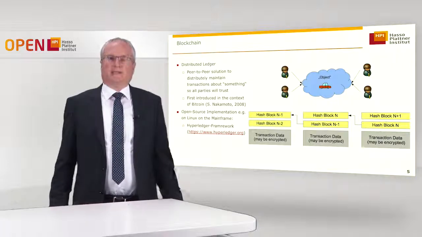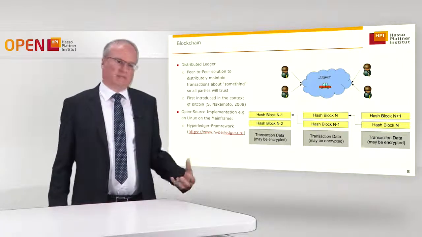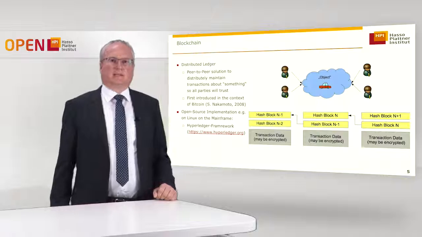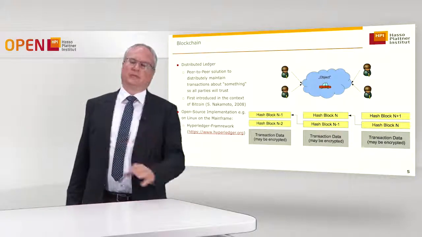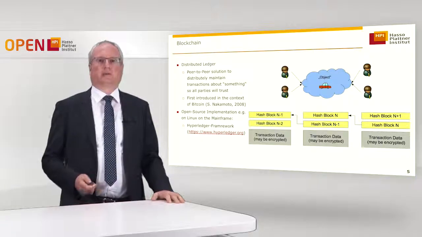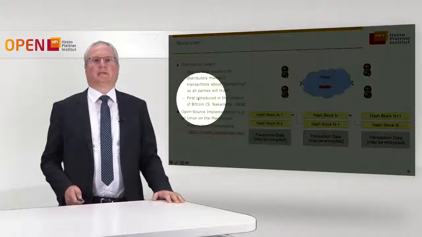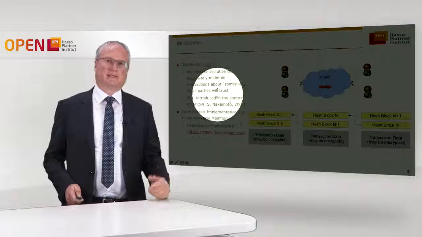A blockchain basically represents something called a distributed ledger. So it's a journal of operations that is stored in a way that you don't need a central instance that all parties trust.